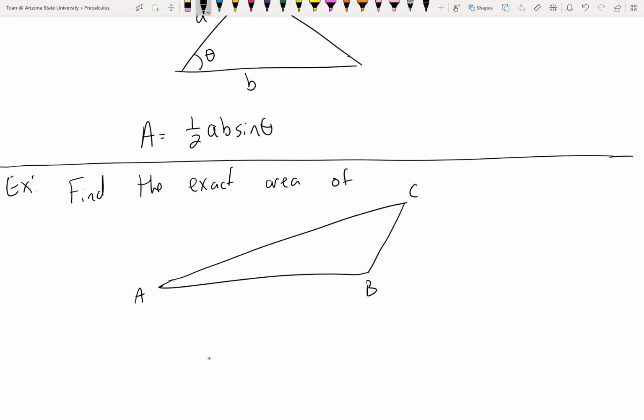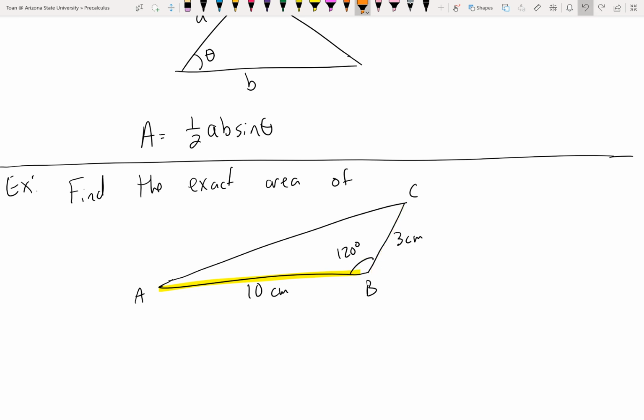A, B, C here. And let's say that this is 120 degrees, this is 10 centimeters, and this is 3 centimeters. I'm going to highlight the information we're given. Here's the side length, here's the side length, and this is an angle between. Notice we have two side lengths and an angle in between. We can use this idea here.